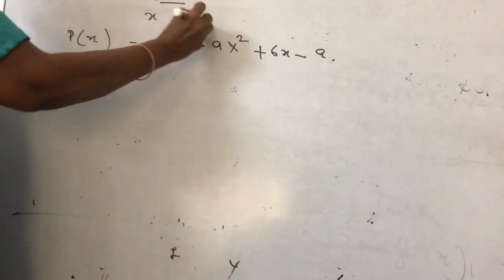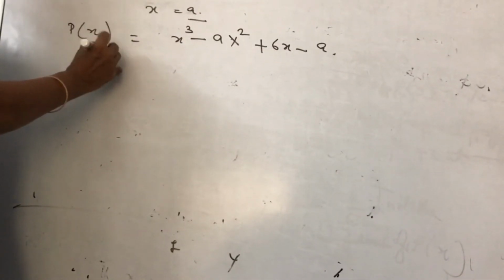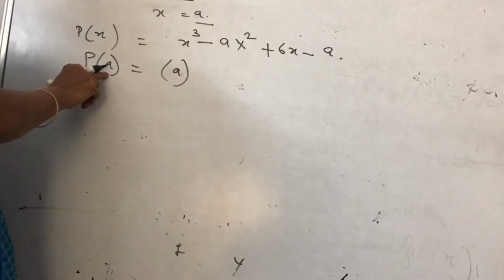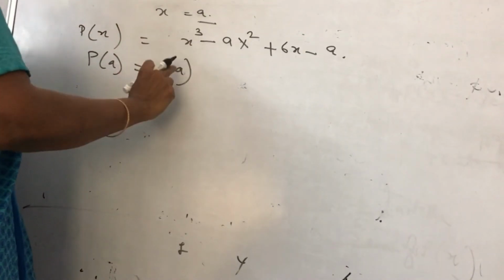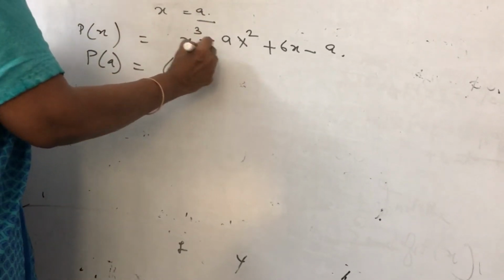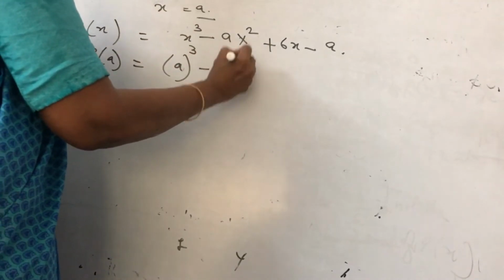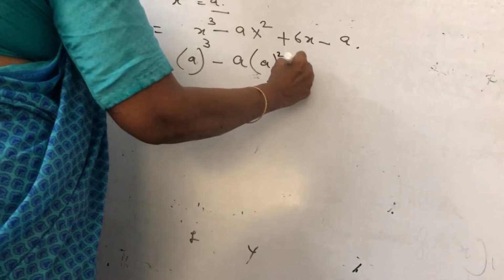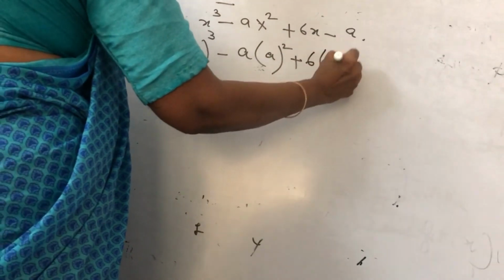In the place of x, what you have to substitute, children? In the place of x, you have to substitute a. x cube, a the whole cube. Ax squared, what is x value? a. 6x, 6 into a.